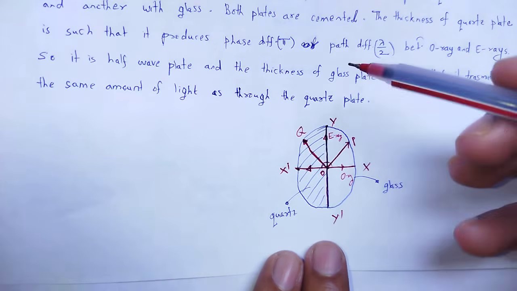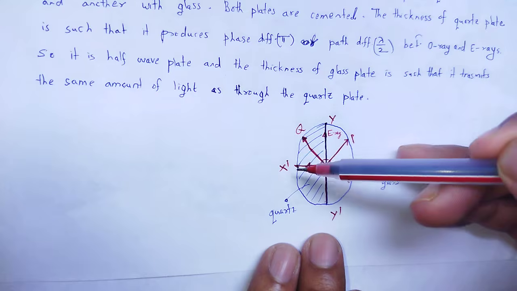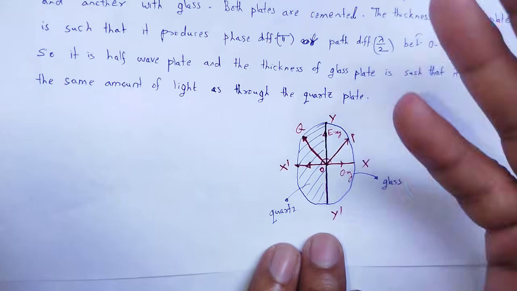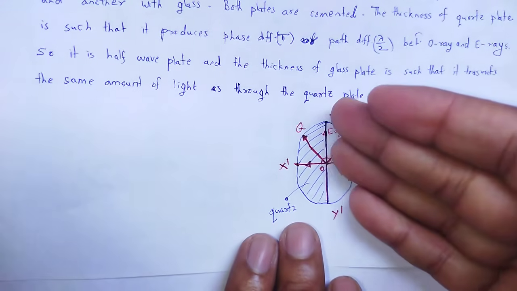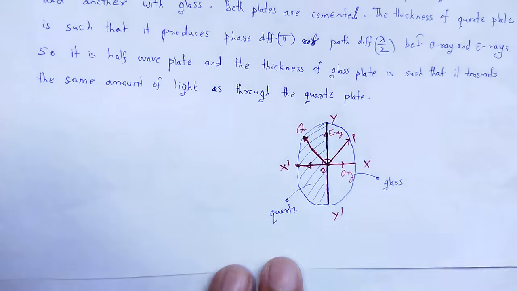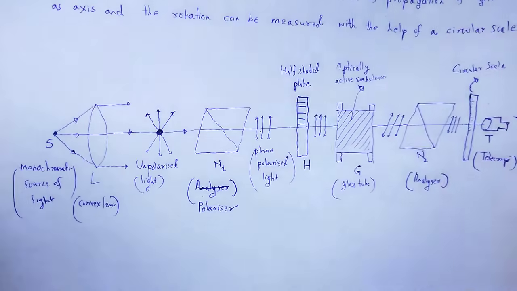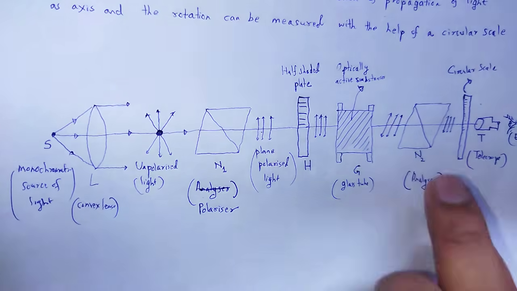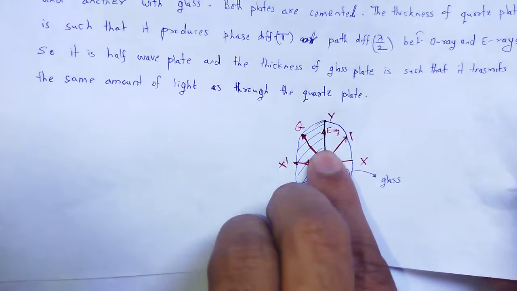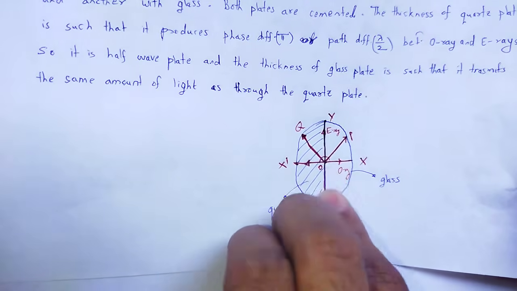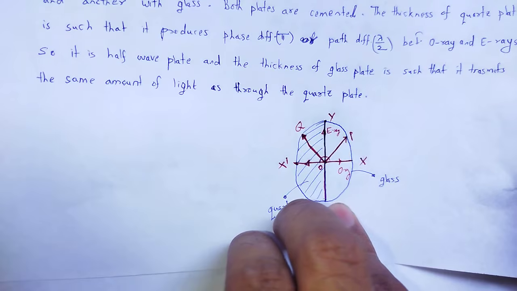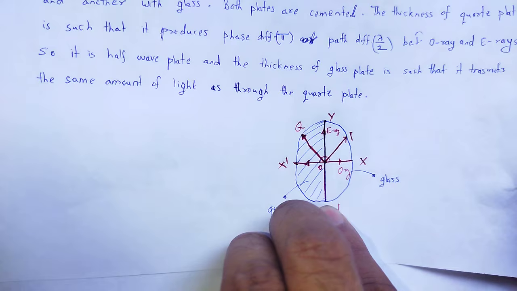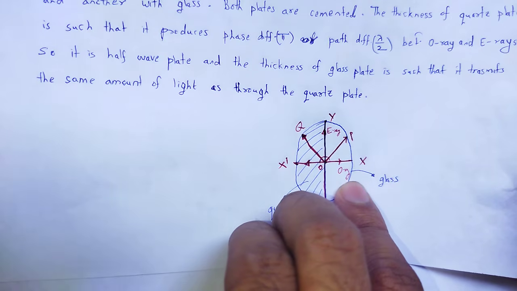Therefore, the light is now equally distributed on the quartz plate as well as the glass plate. In this way, by adjusting the analyzer, if the optic axis of the analyzer is parallel to the optic axis of the Laurent's half shade plate, then we see one plate is shaded and another one is brighter.